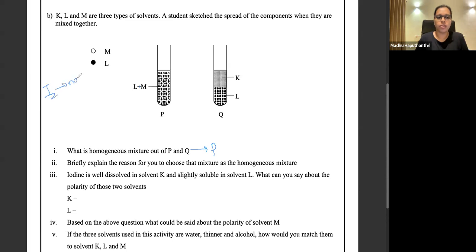Iodine is nonpolar. If iodine is soluble in a certain solvent, that means that solvent is also nonpolar, because like dissolves in like. So K is nonpolar.